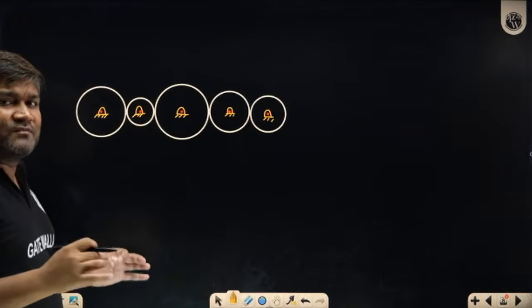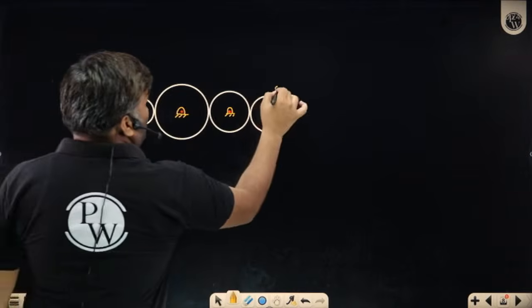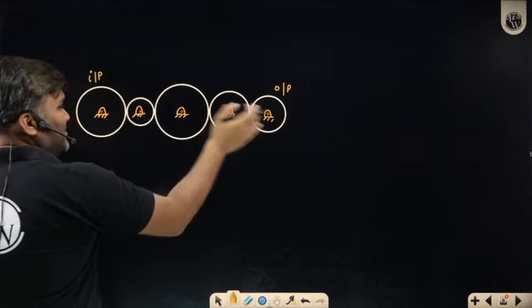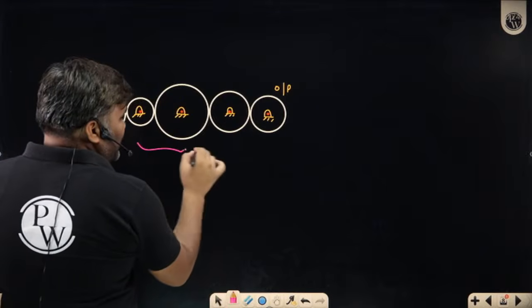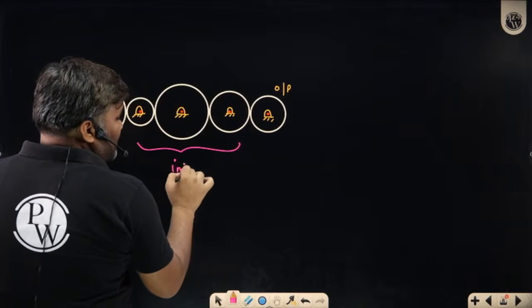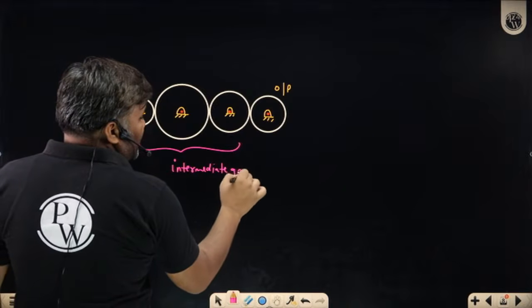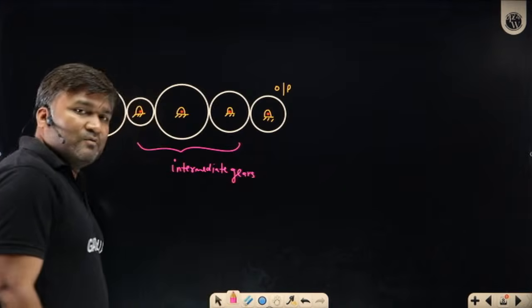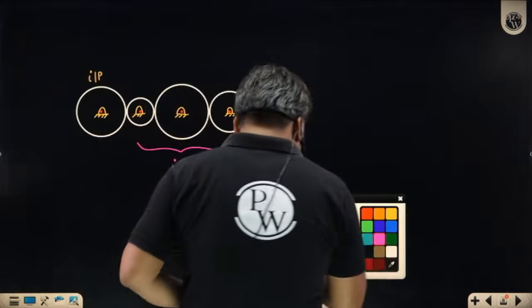The very first thing which comes to my mind, okay sir, so you are giving input here, output you are collecting from here, and this input and output shaft you have connected with the help of some intermediate gears. These are my intermediate gears.